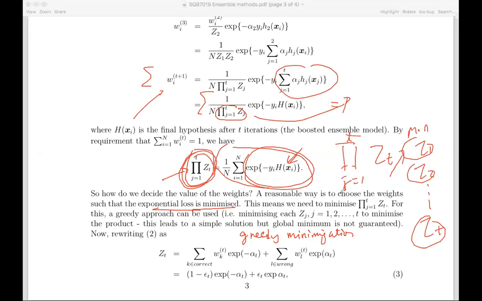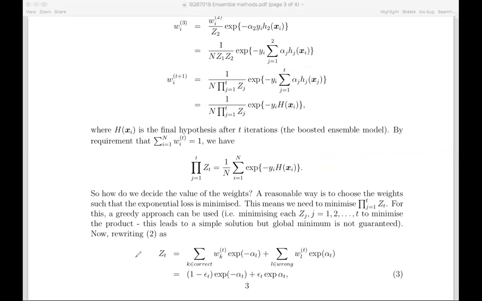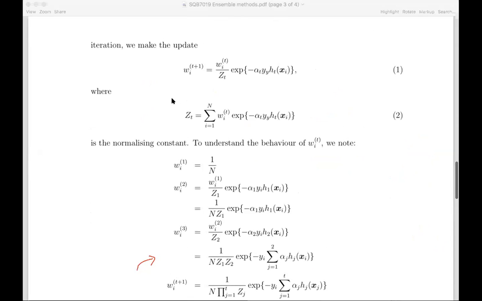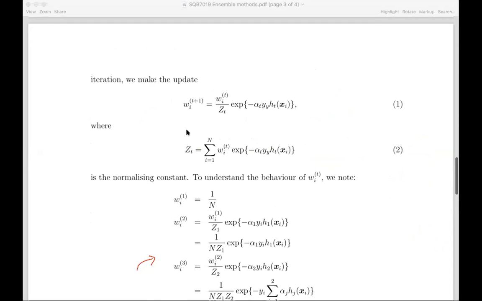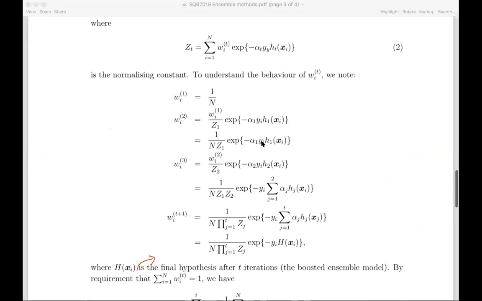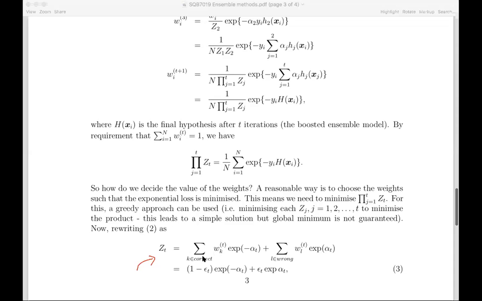Then basically you rewrite your Zt, rewriting equation 2. Where is that? This is equation 2. If you rewrite it, you can rewrite it in this form.